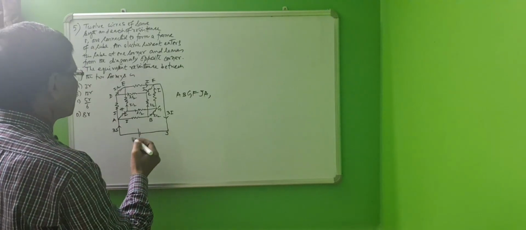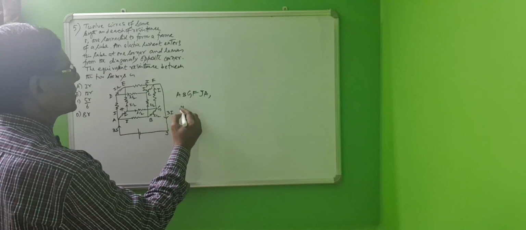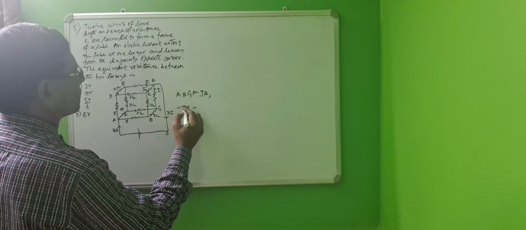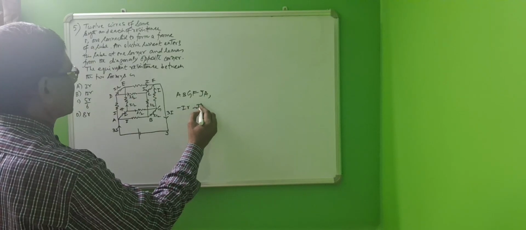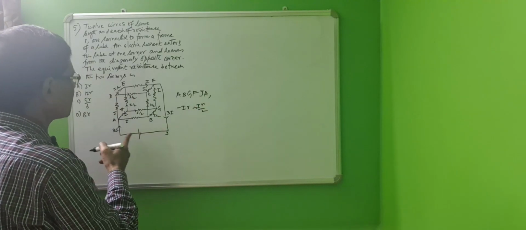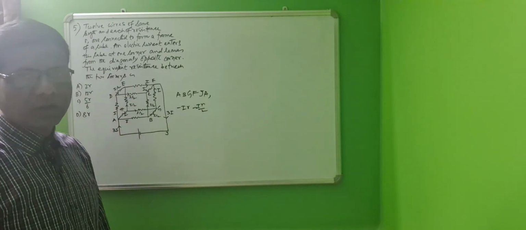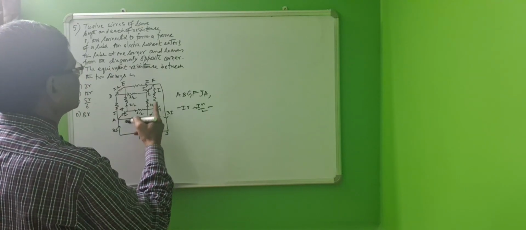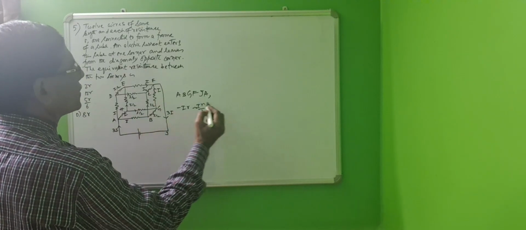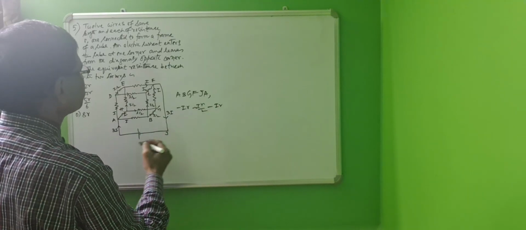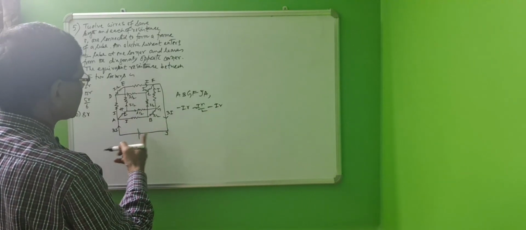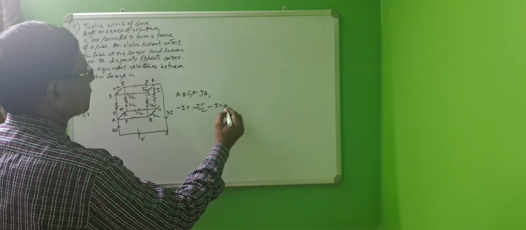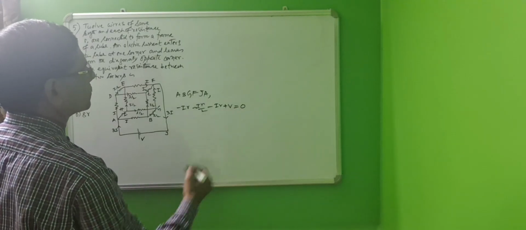We get potential drop here as IR, minus IR, minus IR by 2, because the potential here is dropping so a negative sign is obtained. Minus IR by 2, here is IR. And this one goes against V, so here is plus V equals 0.